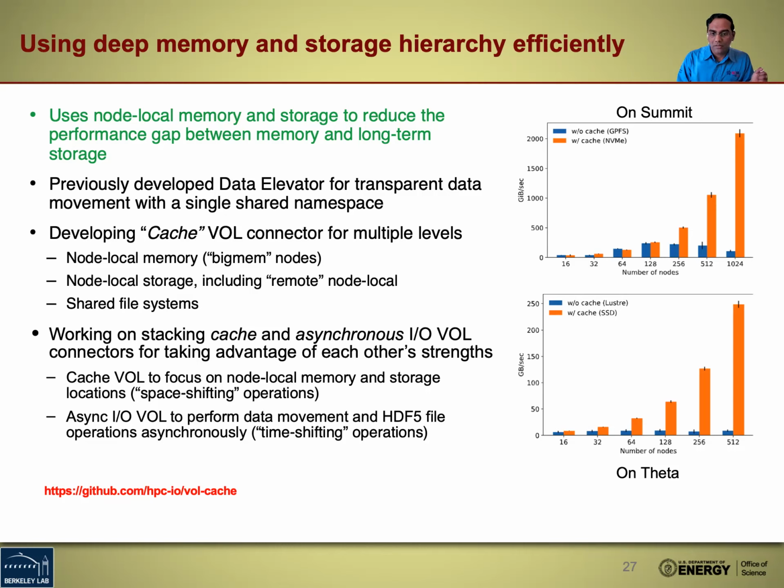And on Theta, at Argonne National Laboratory, we see that performance improvement even at 16 nodes and 32 nodes, and we pretty much reach the peak bandwidth of the node local storage that are based on SSDs. So if anybody is interested in trying this cache VOL, it is publicly available at this site.